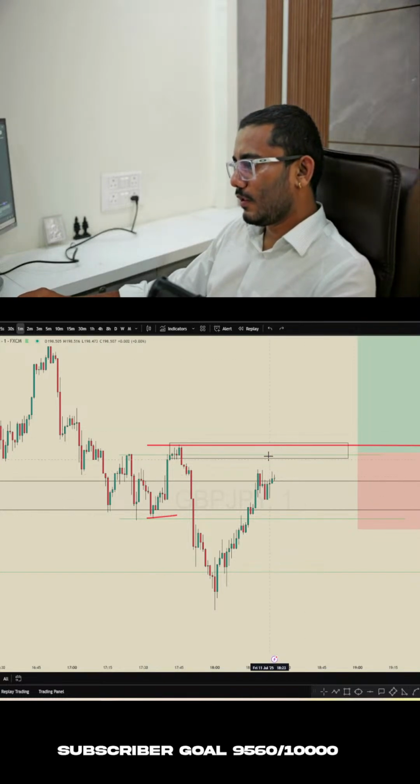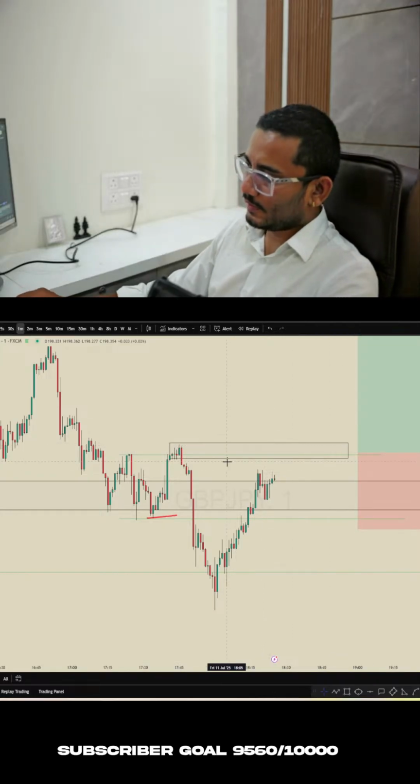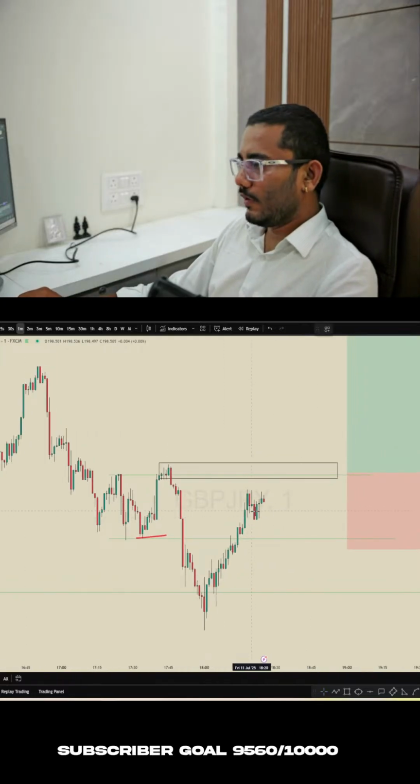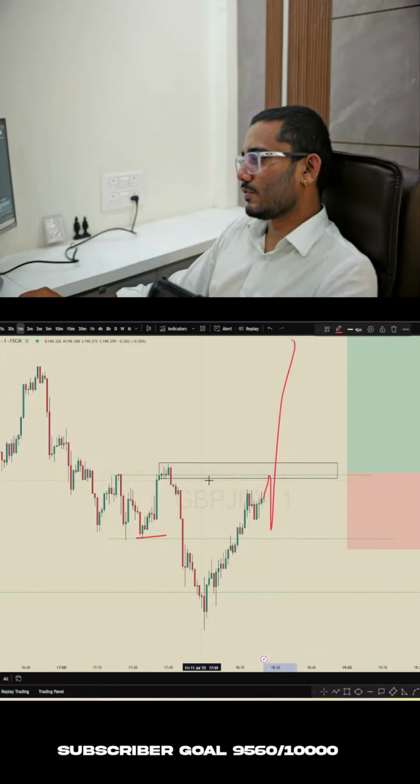It needs a lot of momentum to break this previous structure. That's why it creates a breaker block at this area and not an order block. Price will sweep this previous liquidity first, tap this order block, sweep the liquidity, and then break the structure. So this will be the breaker block and this will be our order block.